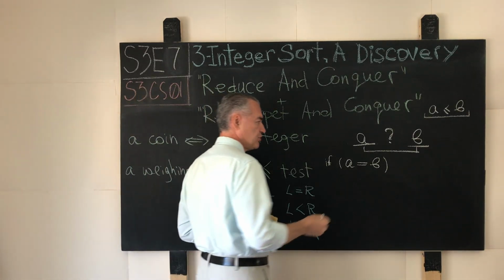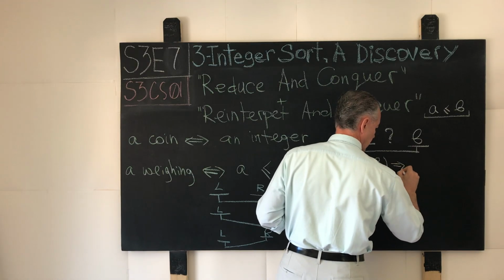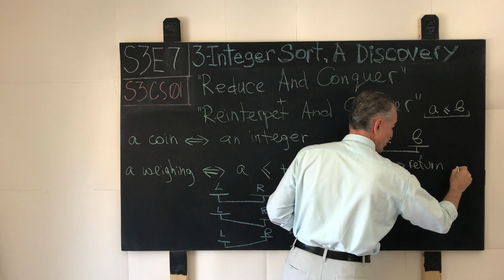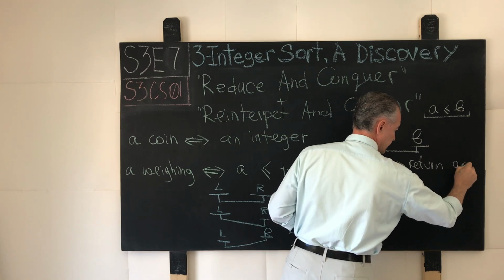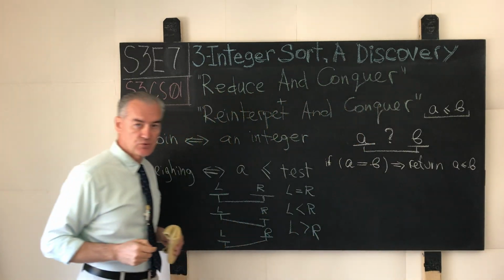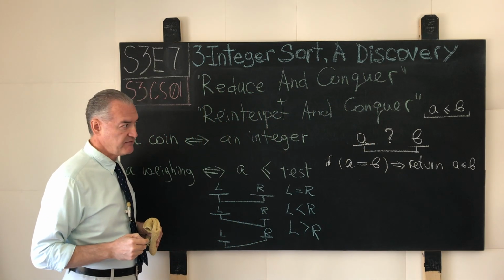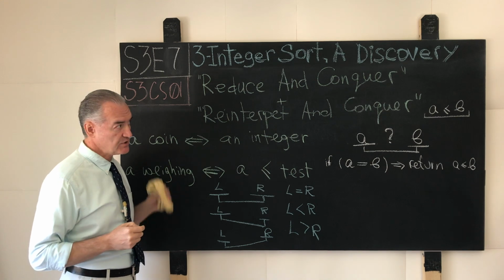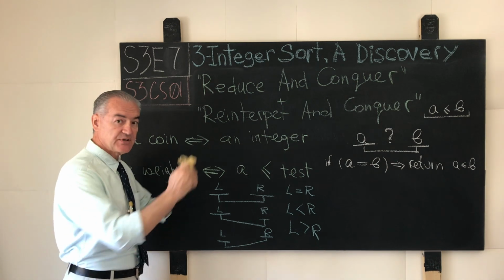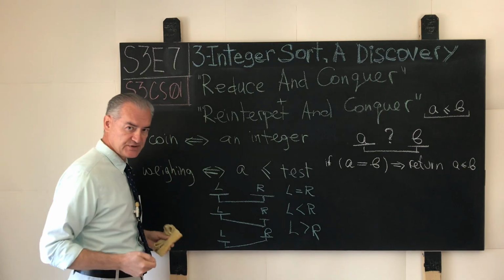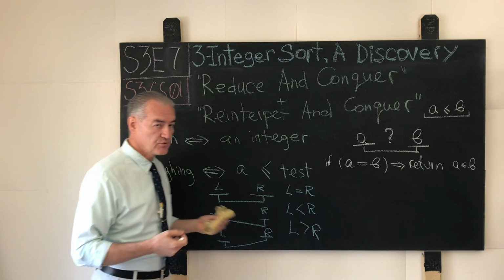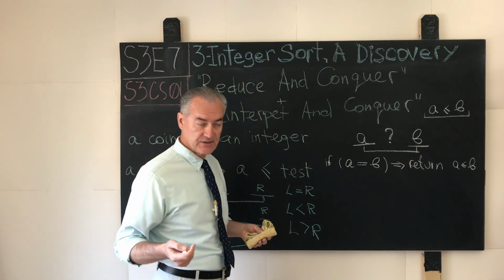So we simply return the coins. A less than or equal to B. So in this case, the coin A is not heavier than the coin B. The requirement stands. We simply write down the names, perform the experiment, and hand over the coins, and someone looks at them and says, great, A is not heavier than B. So these two coins are sorted by mass in an ascending order. Wonderful.